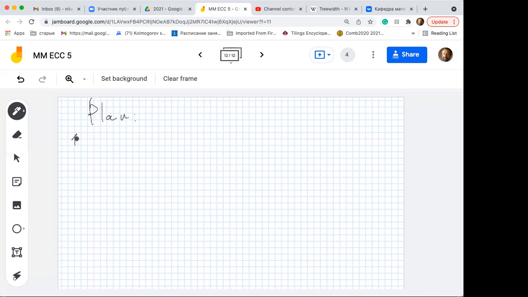So the plan is, step 1, find R of x, y of small degree, whatever it means, because we have now two variables.